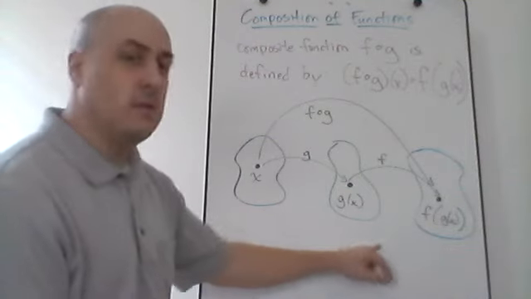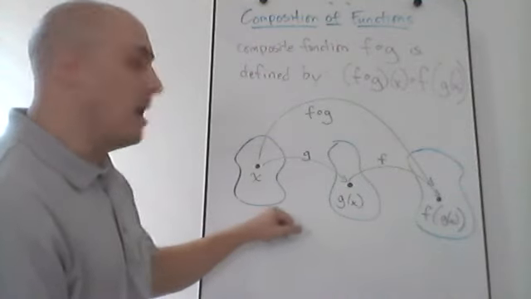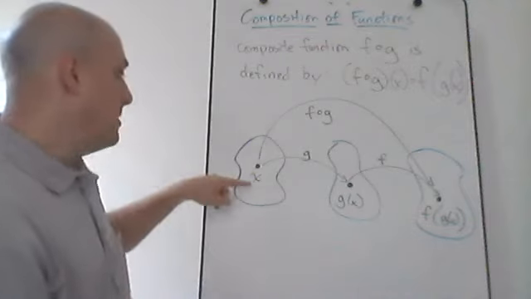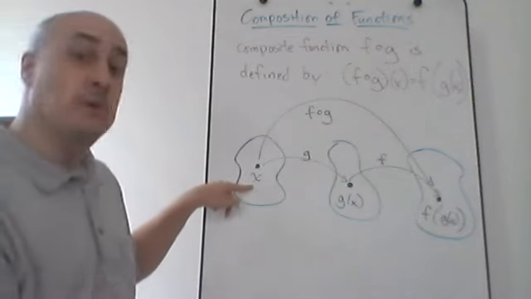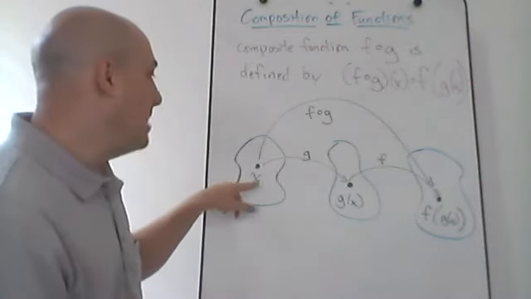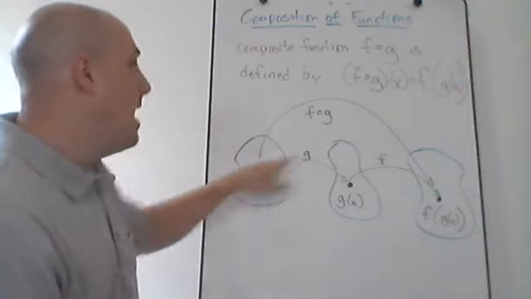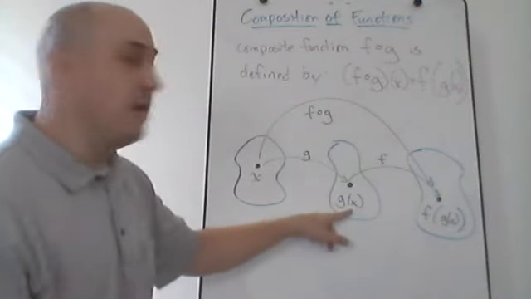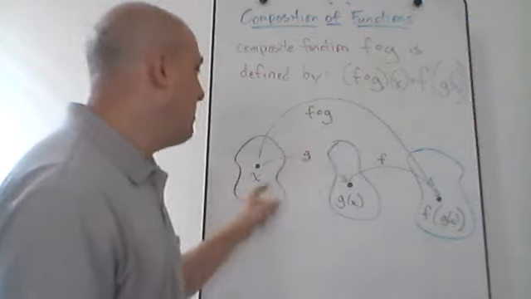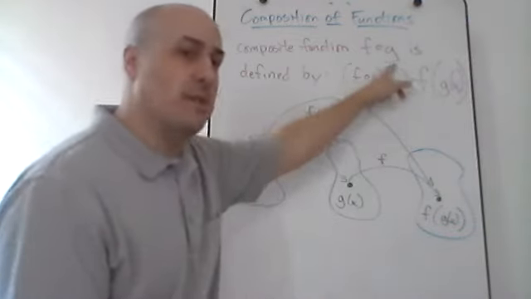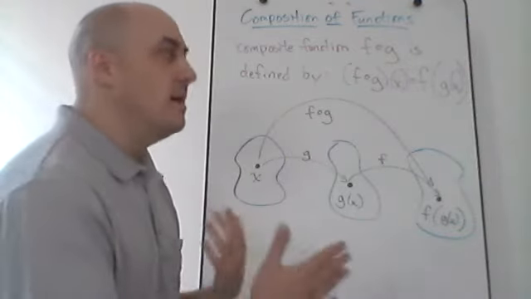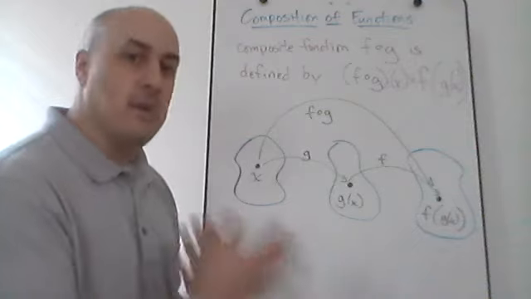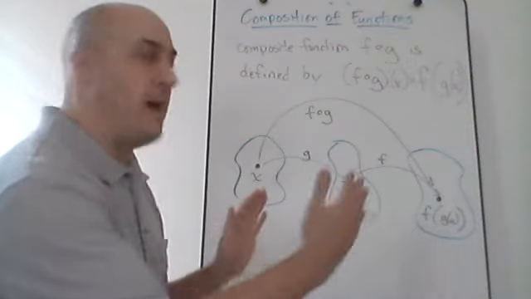To make it a little more clear, let's use a mapping diagram. We have our x value, our input value. I plug that x value into the g function, and I get g of x. That's the output for that first function. The first function we plug x into is actually the second one listed there. So when evaluating a composition of two functions, we work backwards.